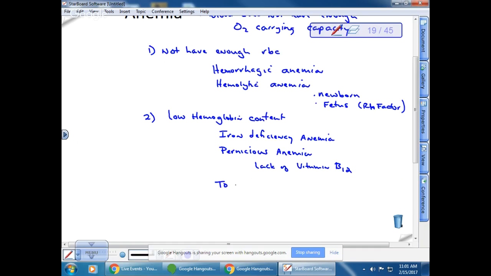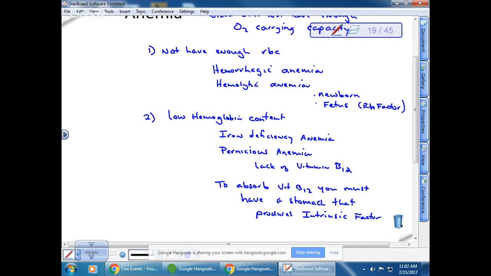So to absorb vitamin B12, you must have a stomach that produces intrinsic factor.